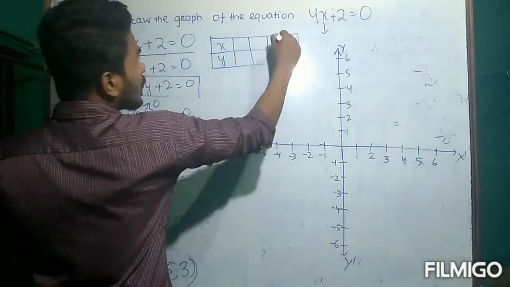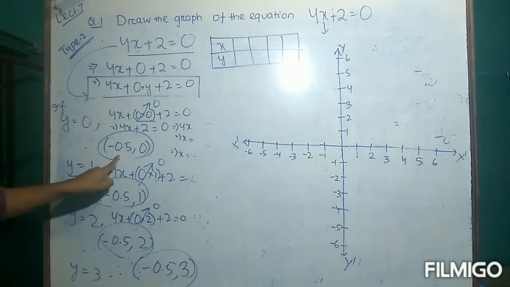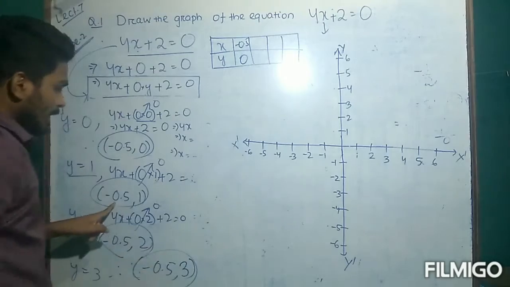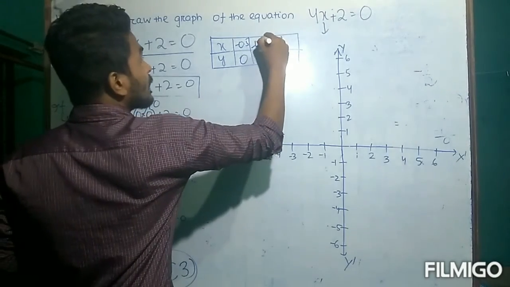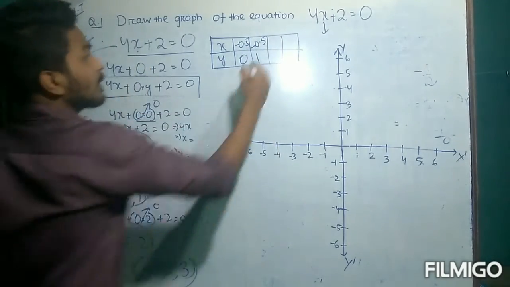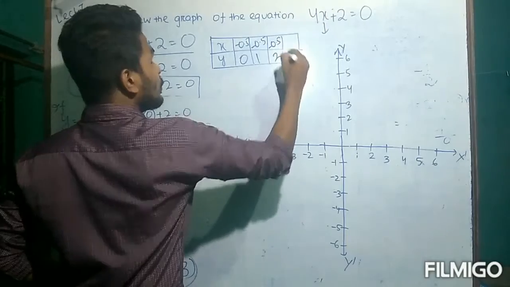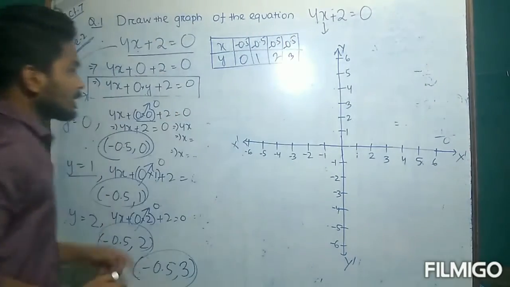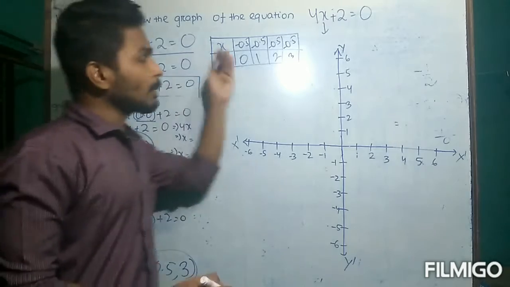So draw 4 columns. The first solution is x coordinate minus 0.5, y coordinate 0, then minus 0.5 and 1, then minus 0.5 and 2, next minus 0.5 and 3. Okay, so we represent all those points in a table.